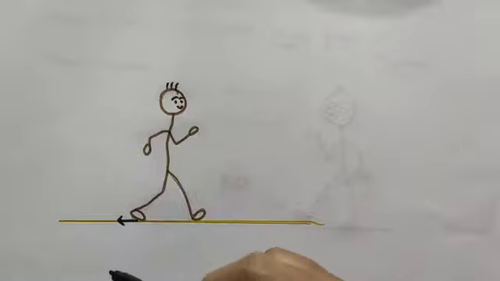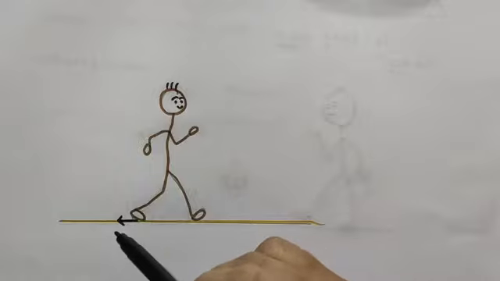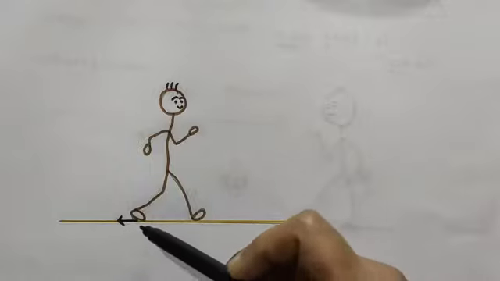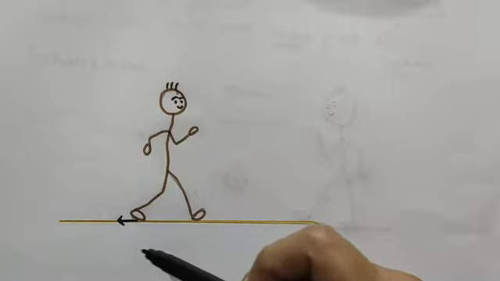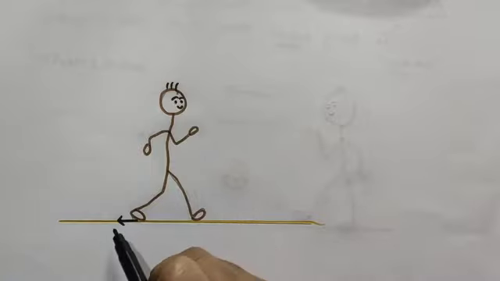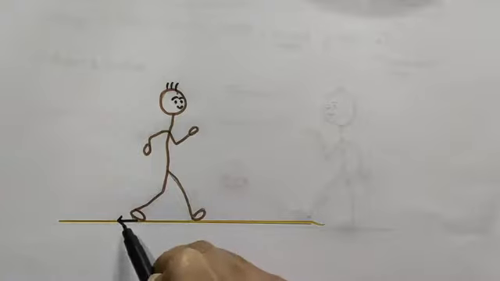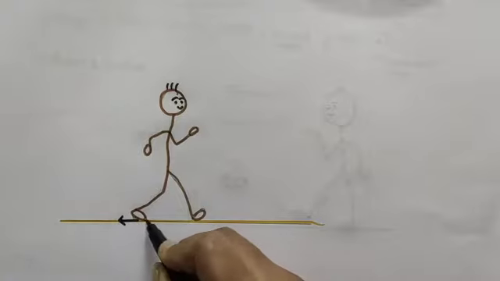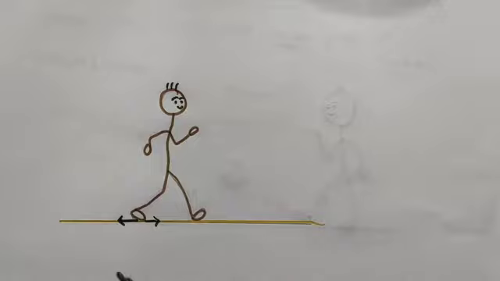According to Newton's third law of motion, to every action there is an equal and opposite reaction. So when we push the ground backwards, the ground exerts an equal force on our feet in the opposite direction, that is, in the forward direction, which makes us move forward.